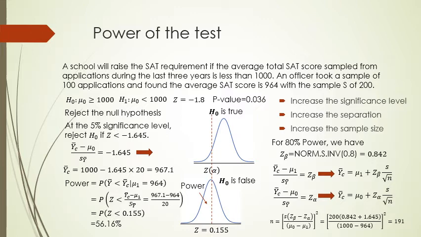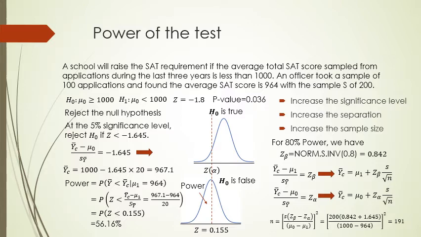From the last lecture, the test statistic z-score is minus 1.8, and the p-value is 0.036. Thus, we reject the null hypothesis and conclude that the average SAT score of the past applications is less than 1,000. Now the question is, how powerful is this rejection?